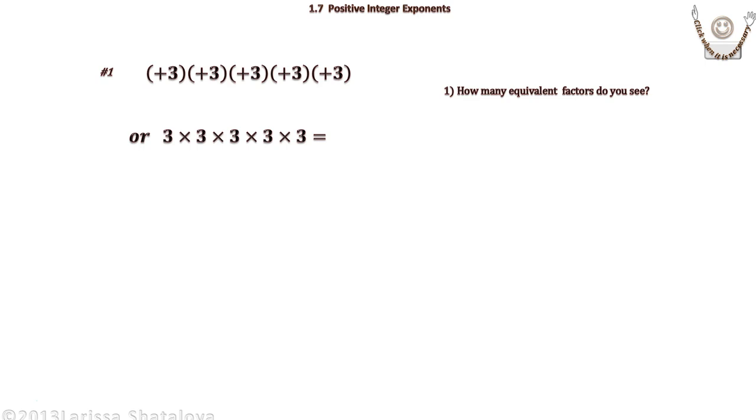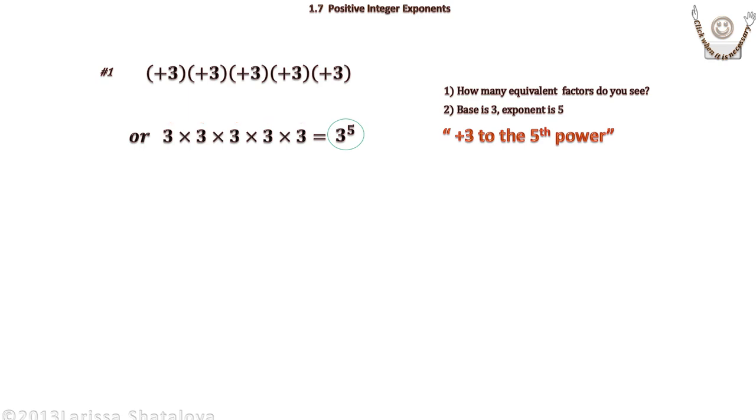First, how many equivalent factors do you see? Let's count 1, 2, 3, 4, 5. Okay, so base is 3 and exponent is 5. And because the base is positive 3 or just 3, we don't need to use parentheses. How to read this? Positive 3 to the 5th power.